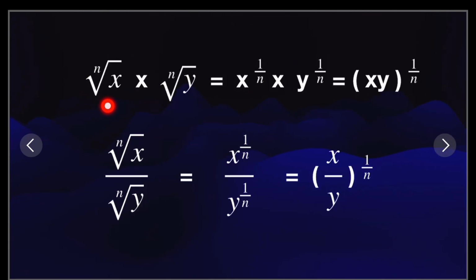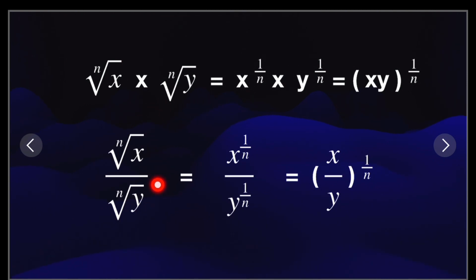The nth root of x multiplied by the nth root of y is equal to, convert to fractional indices and then multiply both, x and y raised to 1 upon n. So the important thing here to notice is that when the order is same, then we can multiply the radicand like this. But if it is a different order, you cannot multiply.